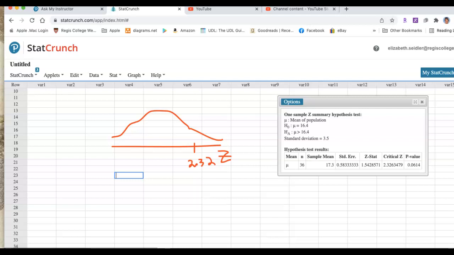But the z statistic that we have is to the left of this. Remember, the tail to the right is our rejection region here. Our statistic is 1.54. So we do not reject the null, that the mean wave height is 16.4.